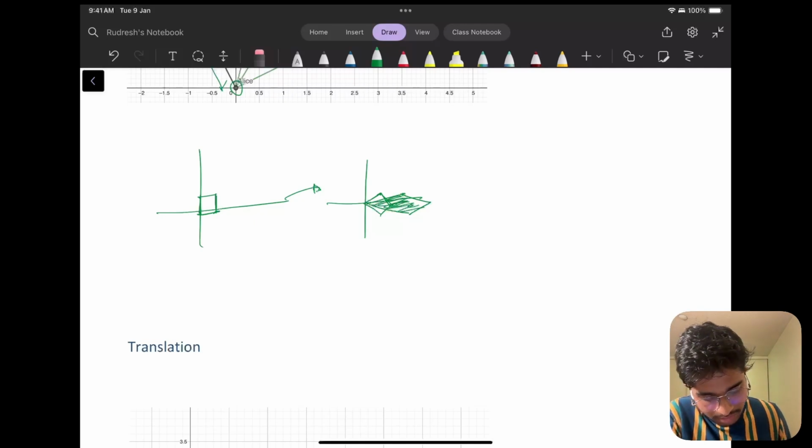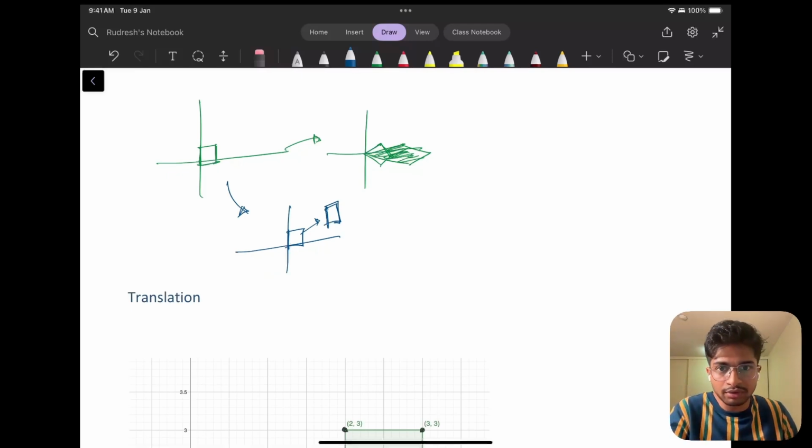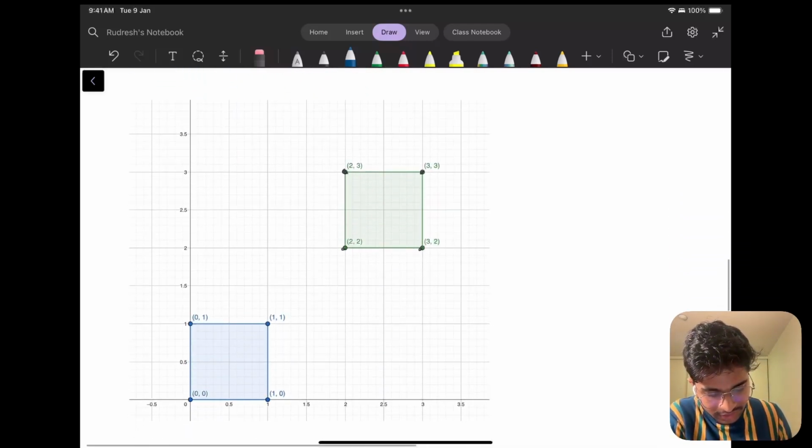But if you want to translate this, we cannot do that using a linear map, right? If we want to do this transformation where this unit square region is translated to another area where the dimensions are preserved, but it is just shifted, or sort of teleported to that point, that is what the translation is.